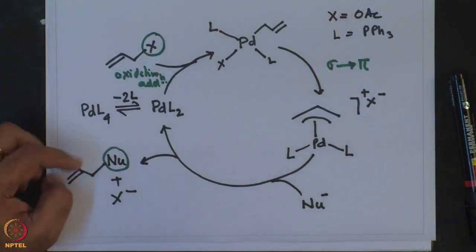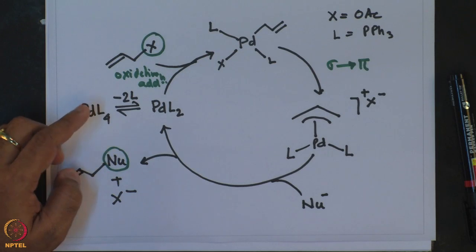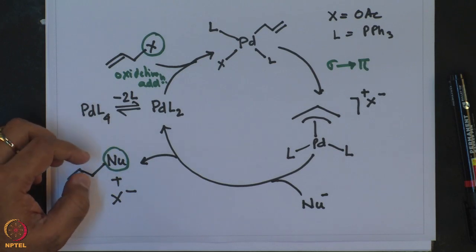So, this is a nice reaction, and this also proceeds by 3 steps. One involves this oxidative addition followed by sigma pi rearrangement and followed by the nucleophilic attack, resulting in formation of this allylic position getting the nucleophile and along with the regeneration of palladium 0 species.